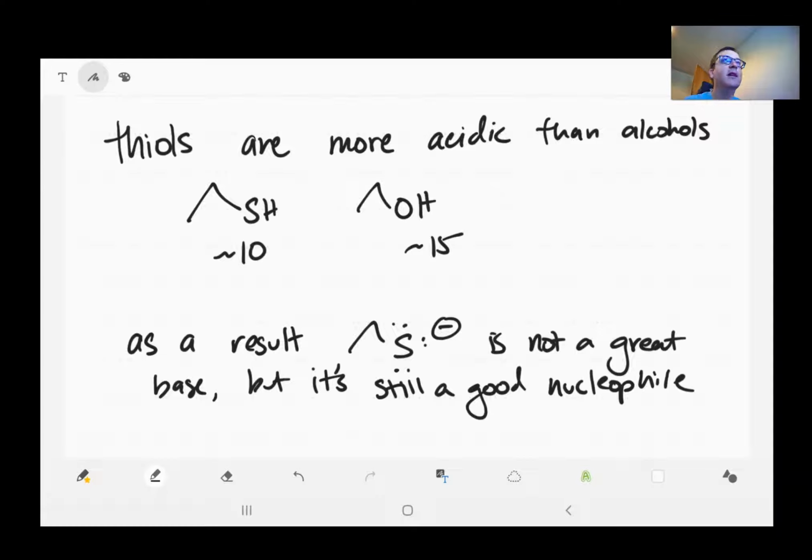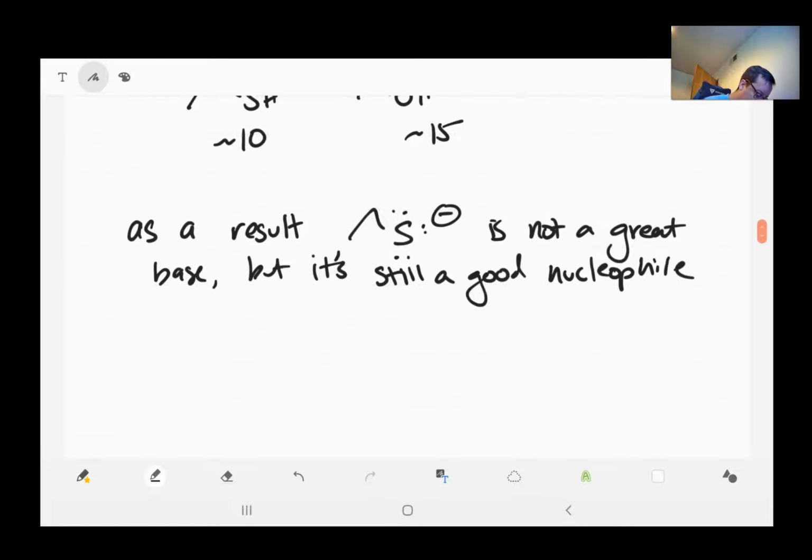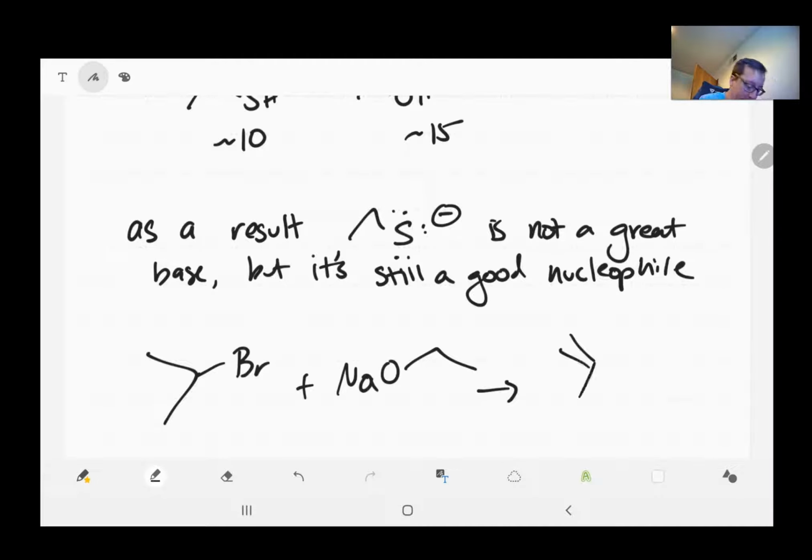The risk you run with, say, something like this, if you take this plus sodium ethoxide, for example, is you might get some elimination products as well as your substitution products. So you might get a combination of the elimination product plus your substitution product, because the ethoxide ion is basic. It's a pretty good base. So you run the risk of having multiple products there.